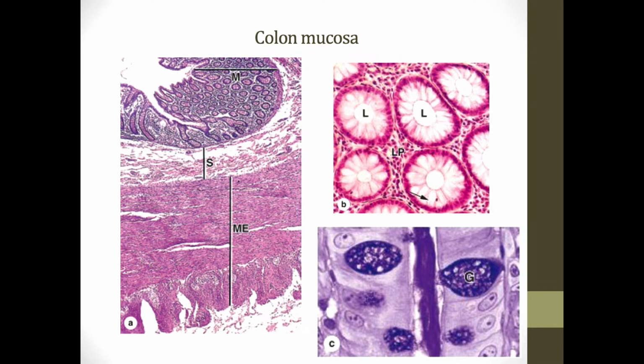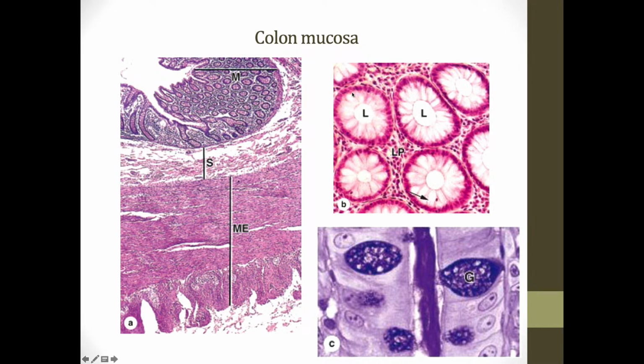This is a section of the colon, which is the large intestine. Yes, it's the mucosa, then submucosa, and the muscularis externa with an inner circular layer and an outer longitudinal layer. In the mucosa you can see the cross sections of the mucosal glands, long tubular glands.